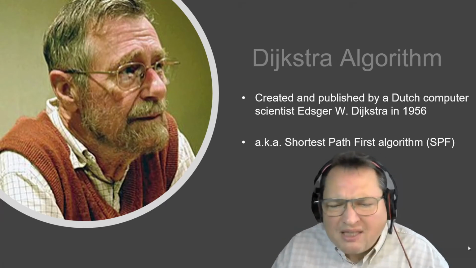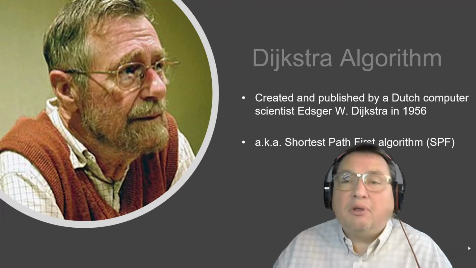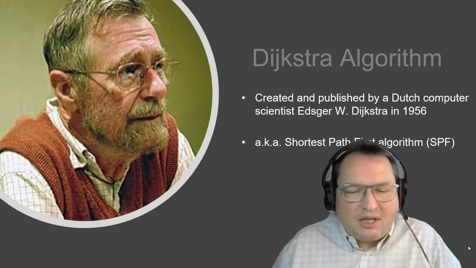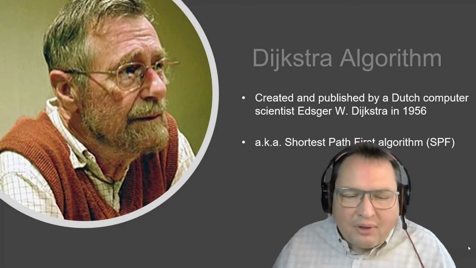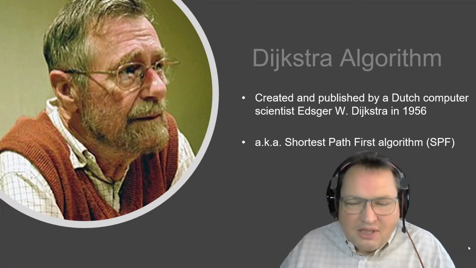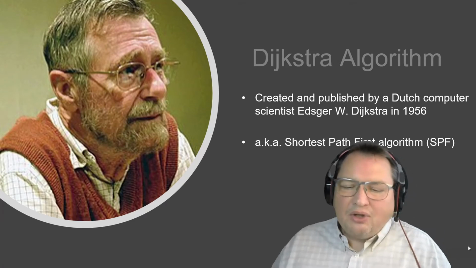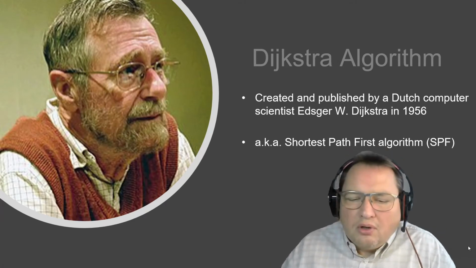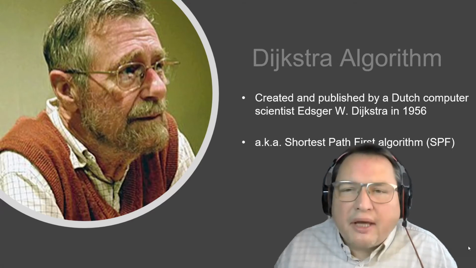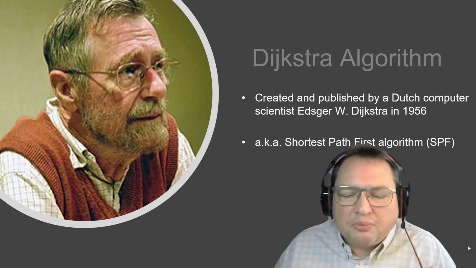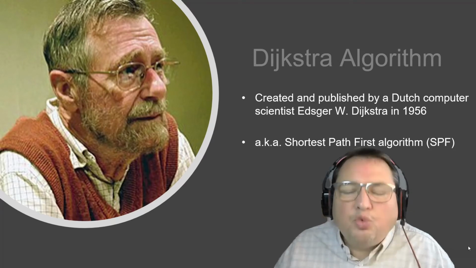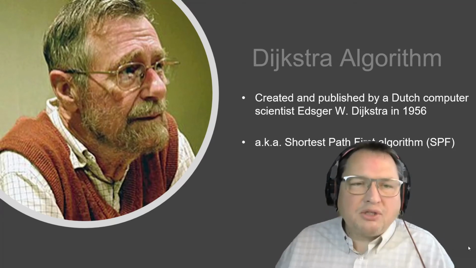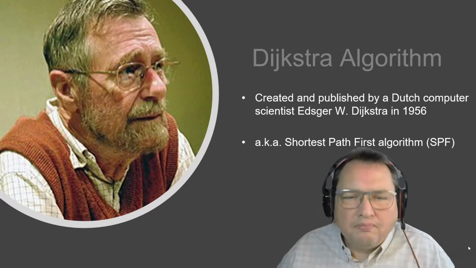Which is not very surprising considering that gaming wasn't particularly popular in 1956. Actually, the first game ever created was written 6 years later, and it had no AI characters. The name Dijkstra algorithm was only adopted many years later, and it wasn't the name originally intended by Dijkstra for his algorithm.